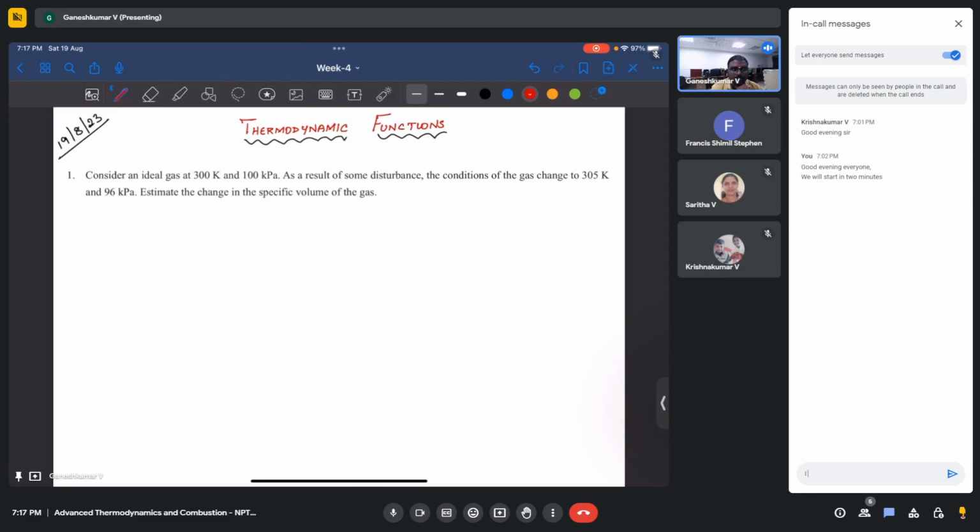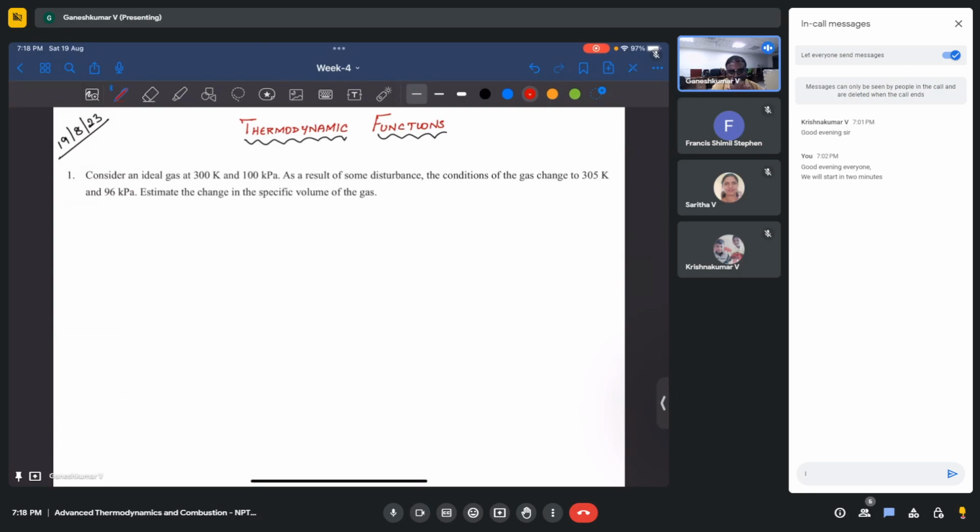So if there are no more questions, maybe I will go forward with the problems I have today. Today I have almost four problems related to thermodynamic relations or Maxwell relations, and this is going to be more mathematical today because you may need to get familiarized with partial derivatives, differentials, and total derivatives.